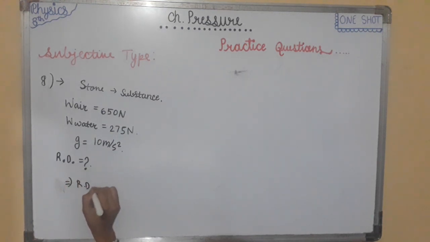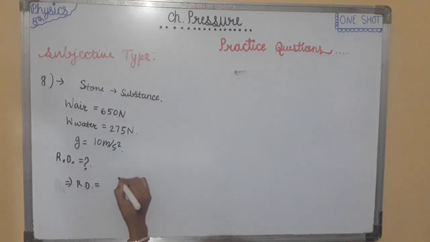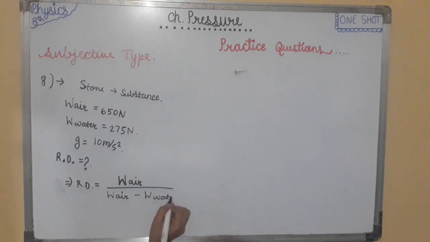Relative density is equal to weight in air upon weight in air minus weight in water of the substance.